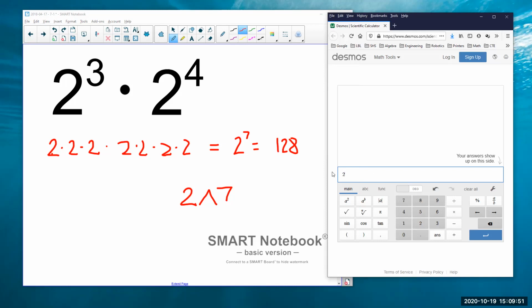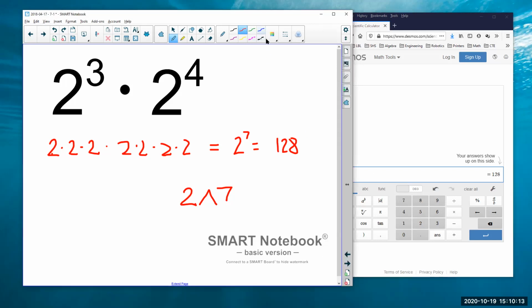I could say 2 to the 7th, and it would type that in for me. Okay. On your calculators, if you have a TI calculator, some of them will have an exponent key, some of the newer ones will, but the older ones will just simply have a little caret key on there that means exponent. So 2 to the 7th.